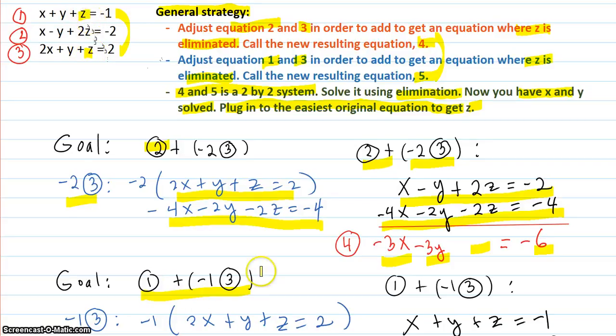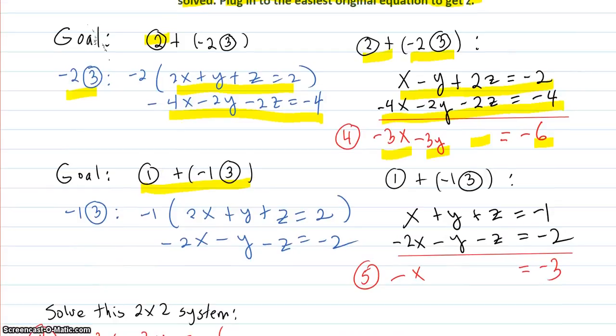So that's why this strategy is here. So we're going to do negative 1 times 3. Here is 3's equation. Negative 1 distributes throughout and gives this. Now we're going to accomplish equation 1 added to that negative 1 times 3. There's equation 1. There's the altered equation 3.